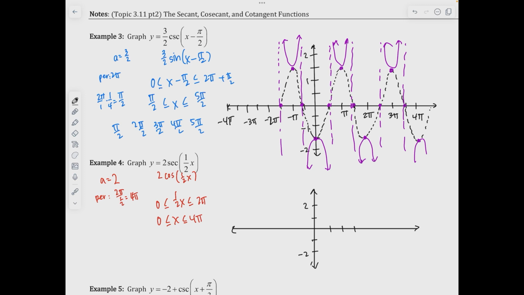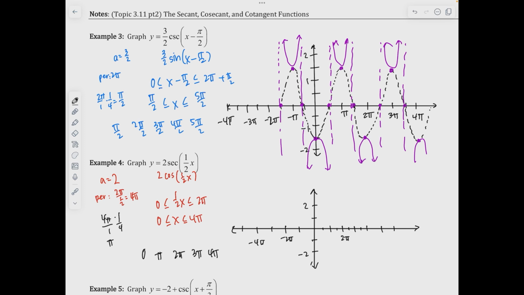One, two, three, 4, 5, 6. One, 2, 3, 4, 5. So there's my pi over 2's. Okay, 4 pi times 1/4 is pi. So 0, 1, 2, 3, and 4.